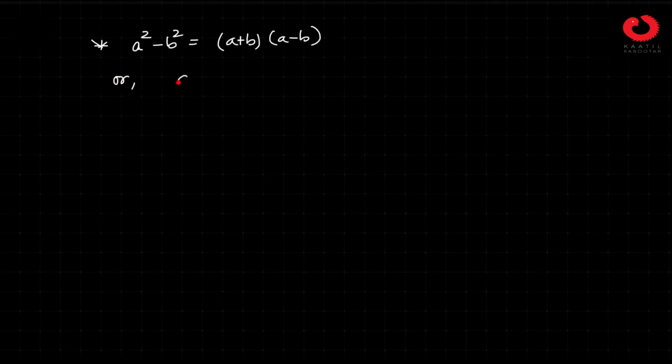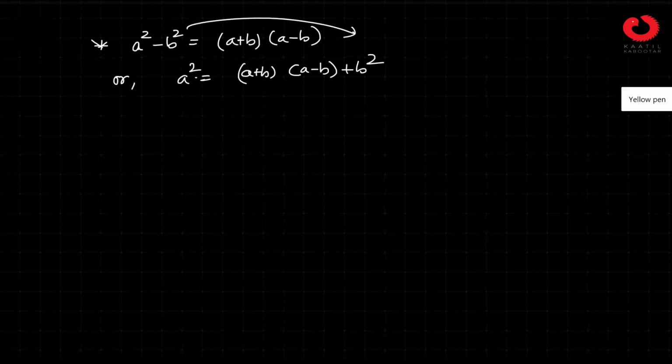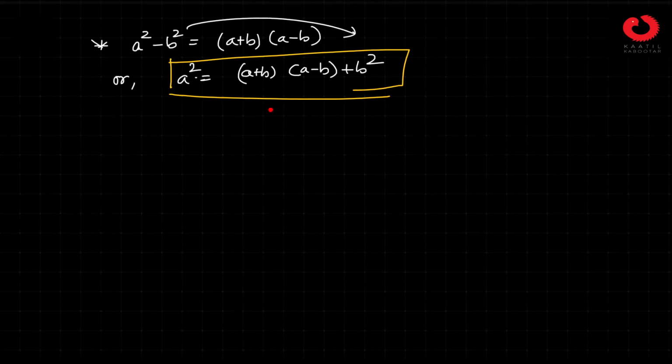Can we write this as a square is equal to (a plus b)(a minus b) plus b square? I have done nothing, I have just taken this b square to the right hand side by changing the sign. Now you must be wondering why we are making such adjustments and how this is going to help us. So let me first teach you how to apply this, and what advantage this equation gives us.